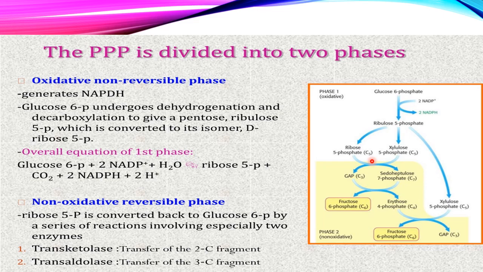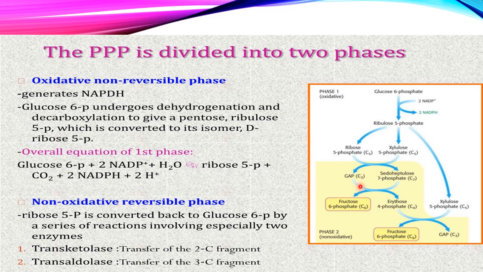A C2 fragment is removed from one of these and attached to the other one. So a C2 fragment is removed by the action of the enzyme transketolase. It is removing one of the C2 and attaching here. So this becomes a C7 carbon compound. And when C2 is removed from here, it becomes a C3 carbon compound.